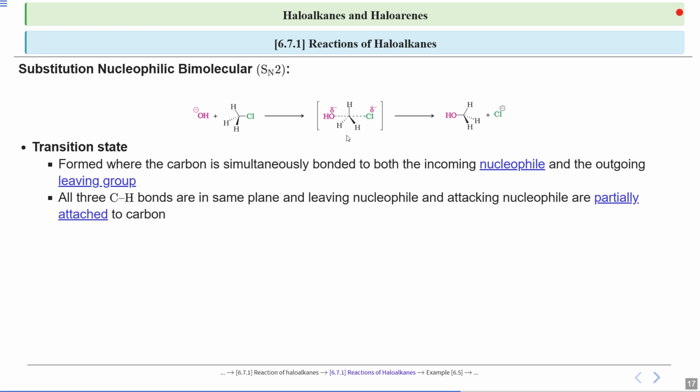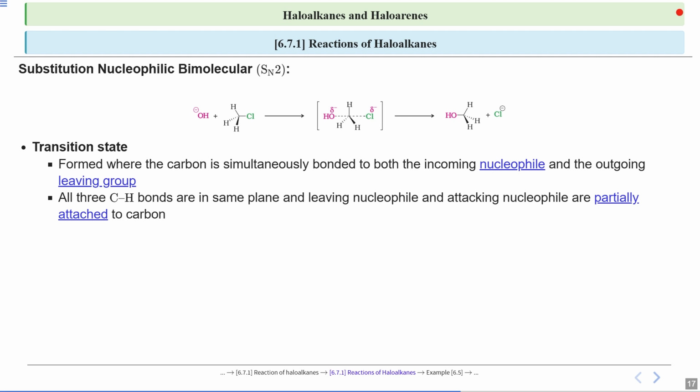After this transition state is attained, the carbon has 5 bonds: one between the oxygen and carbon which is forming, one between the carbon and chlorine which is breaking, and the bonds between the carbon and hydrogen.